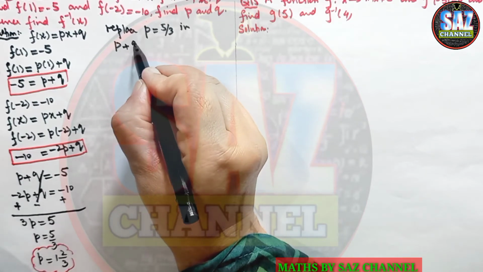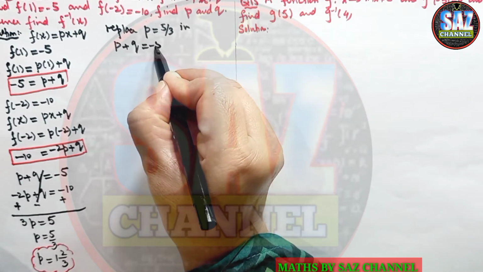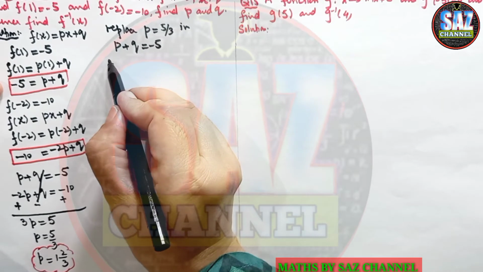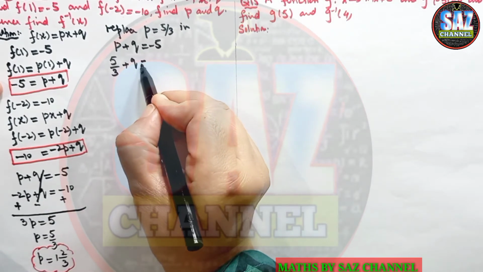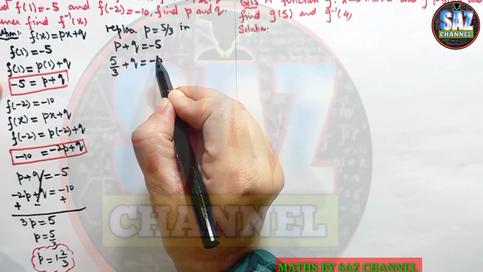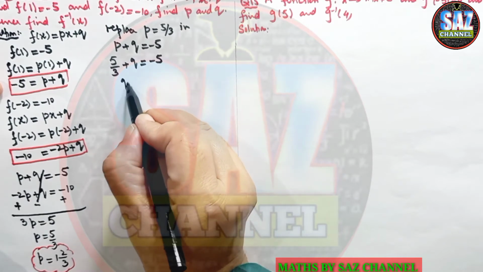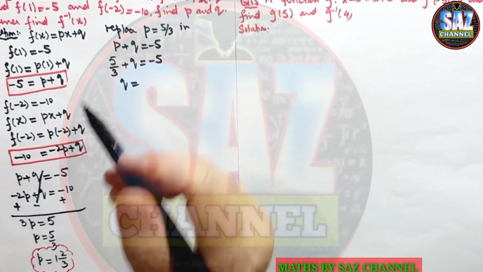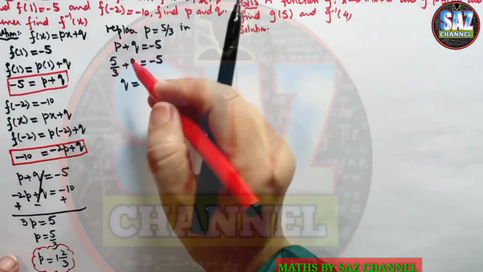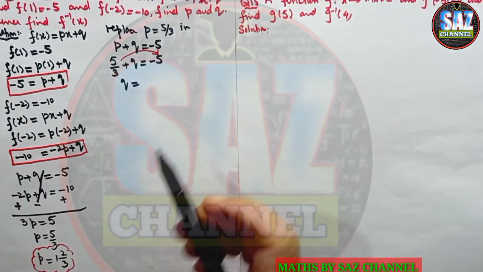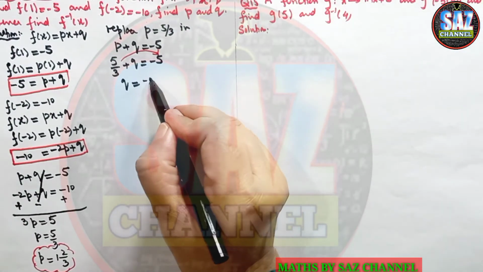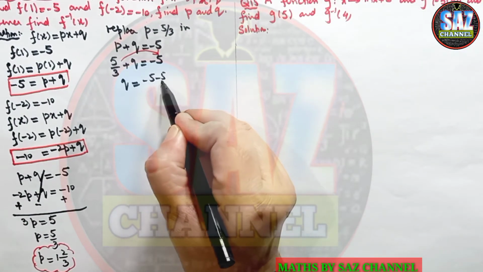So 5 by 3 plus q equals minus 5, and in order to find q, we have to shift this 5 by 3 to the other side, and it becomes minus 5 by 3.